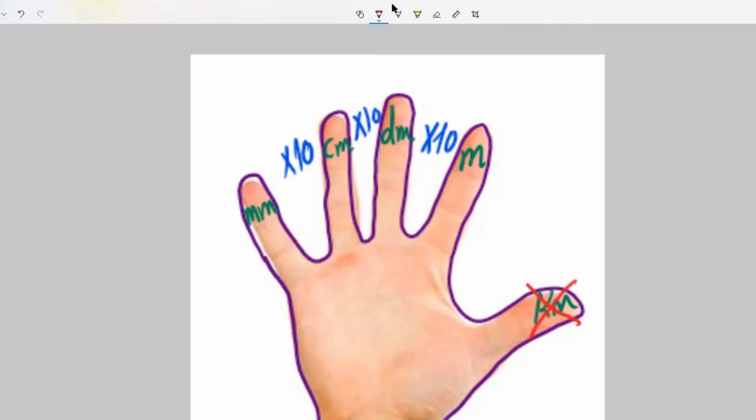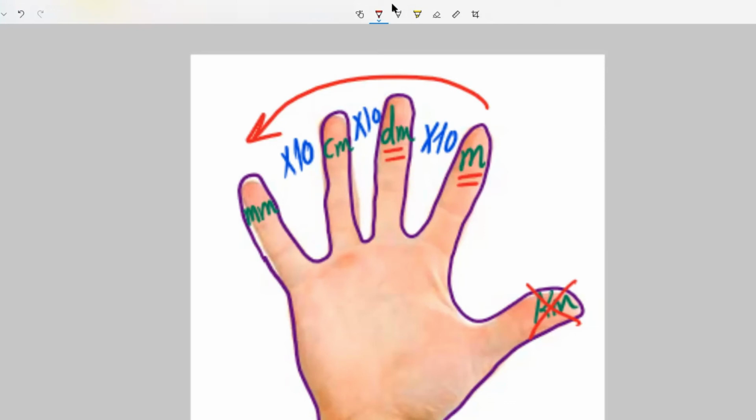So each finger has a metric unit of length, okay? If you need to convert between any two units, you have to multiply, right? If I ask you from meter to decimeter, we're gonna multiply by what? What is the number between them? 10. So from meter to decimeter, you multiply by 10.